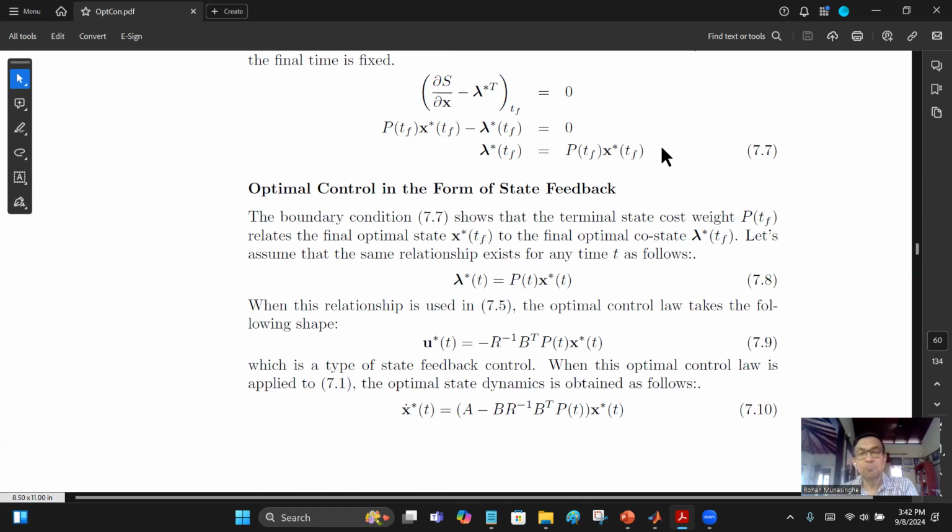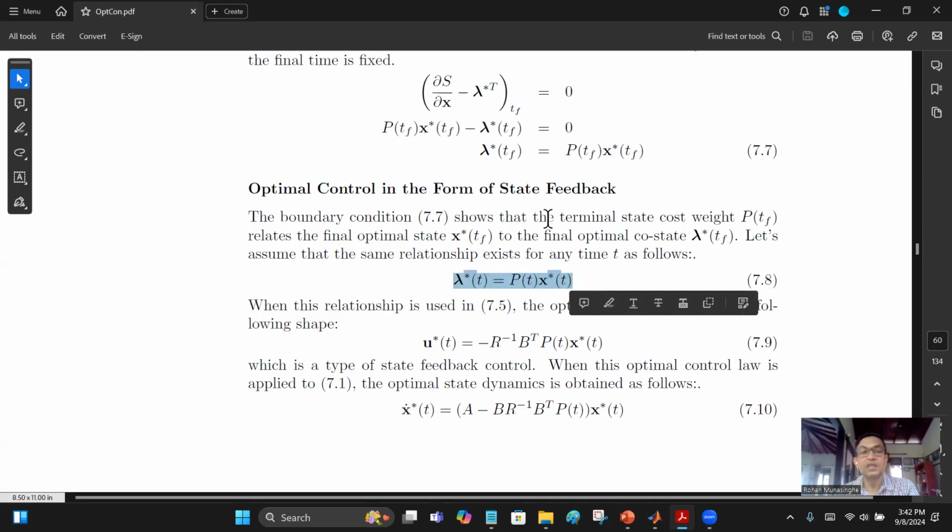Now, I want to show how we can close the loop here as a feedback. So you take this as your boundary condition, and you can write it for every state.